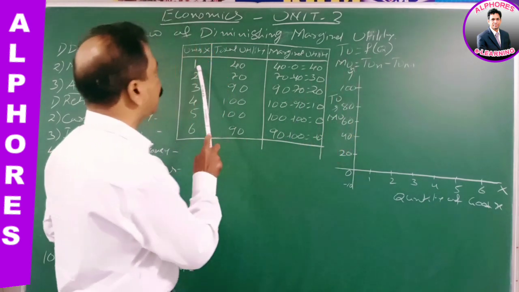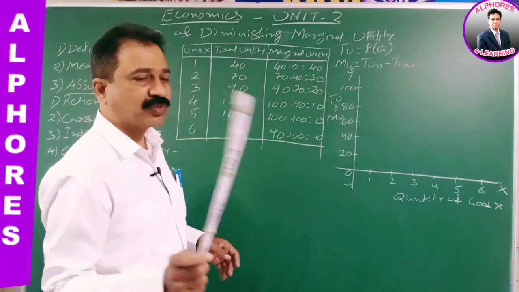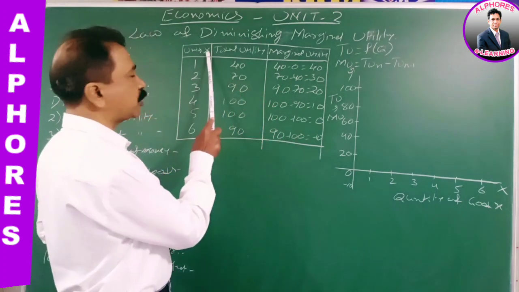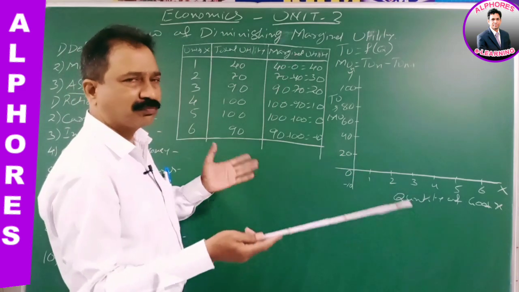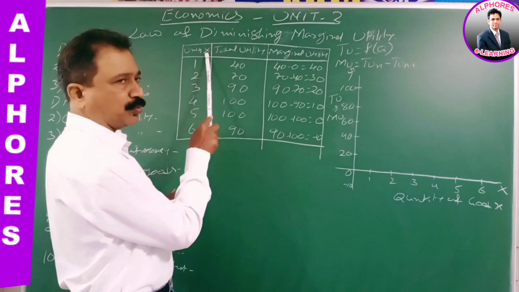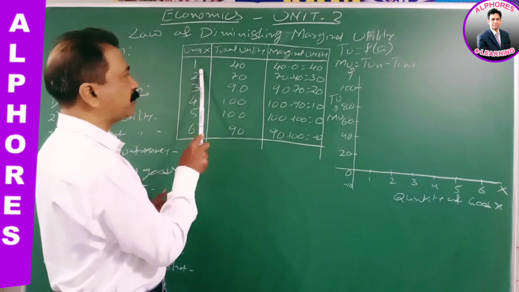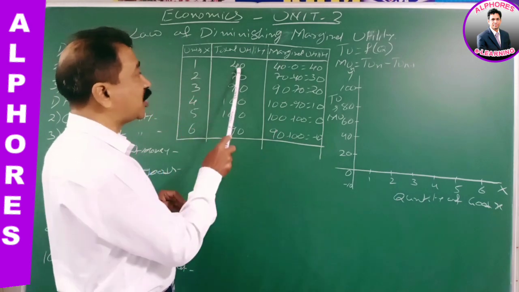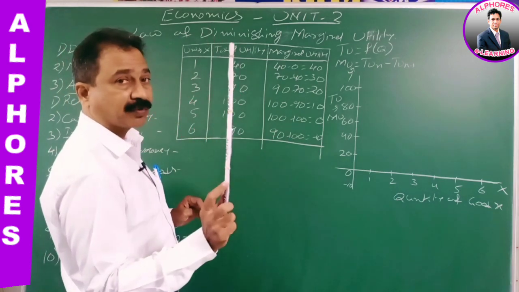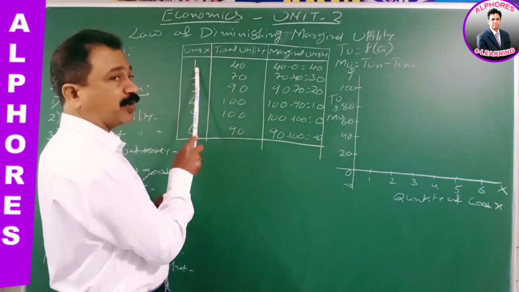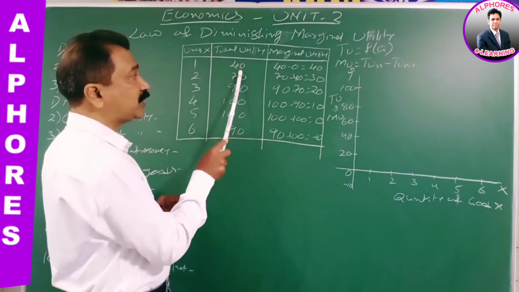So first, let us say you have been given a mango. That X commodity can be anything. Anyway, we have just crossed the summer, so let us say it is a mango. If you have been given the first mango, you will get a total utility of 40. See, we are using cardinal numbers, not ordinal. We are not saying 40th, we are saying 40 utils. One commodity gives you 40 utils.